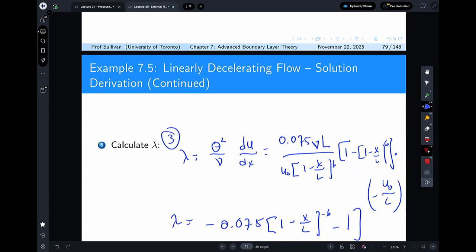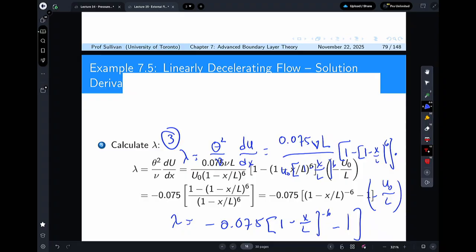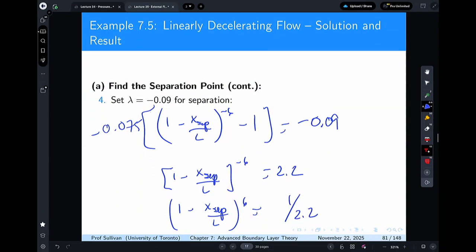And once I have lambda, I can say, hey, lambda at negative 0.9 is going to be the separation point. And that separation point is going to equal negative 0.09.